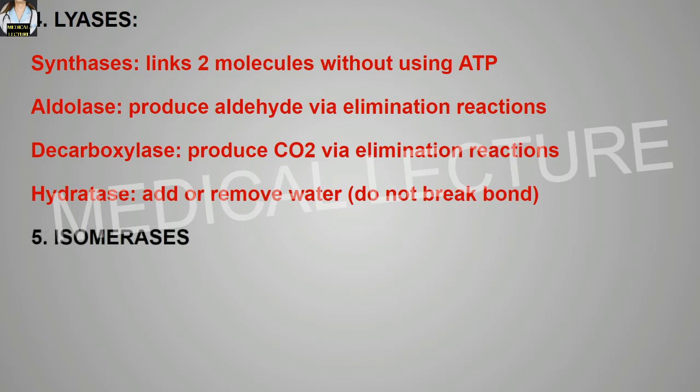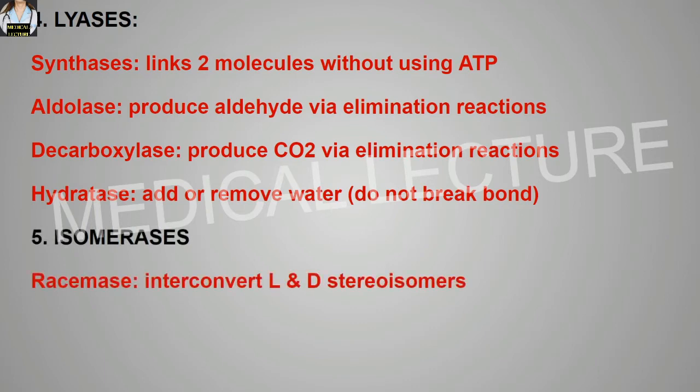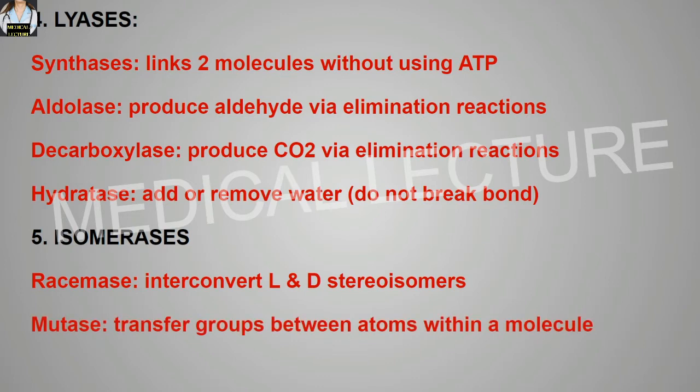Now class 5 is the isomerases. First of all we have the racemase enzyme, which interconverts the L and D stereoisomers. Mutase enzyme transfers the groups between the atoms within a molecule, and the epimerase enzyme interconverts the epimers.